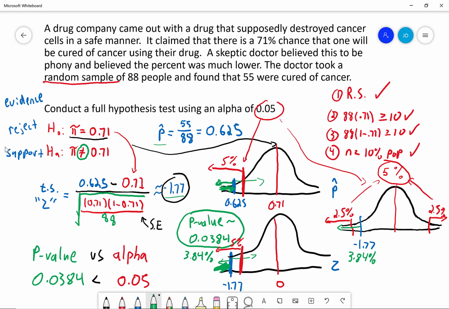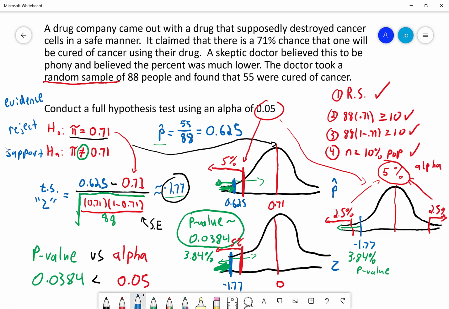So because it did not fall in that region, we should not support the HA based on this does not equal to hypothesis. Yet, if we look at our p-value and compare it to alpha, our p-value is 3.84% and our alpha is 5%. Our p-value is still less than alpha. But again, our test statistic didn't fall in the extreme enough region that we created. So we should not support HA.